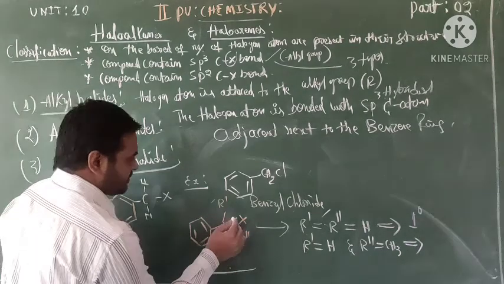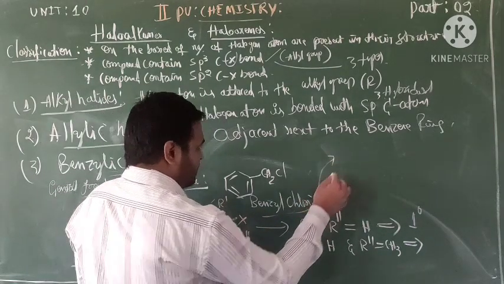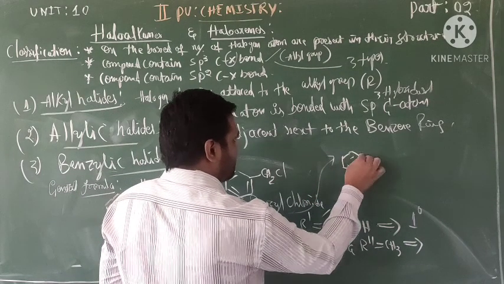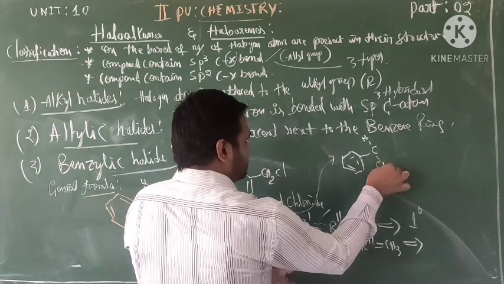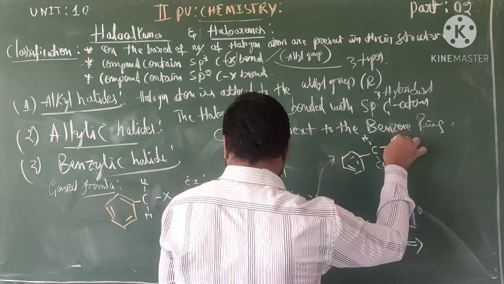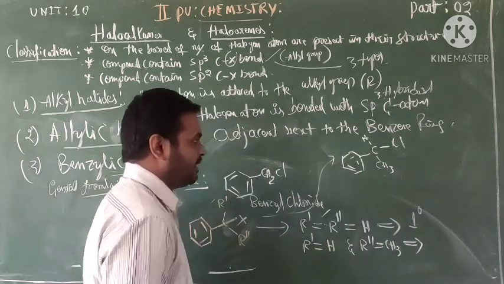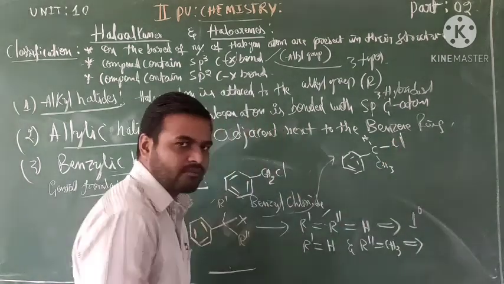Suppose we take the benzene ring, this is H, this is CH3, and this is X or bromine.